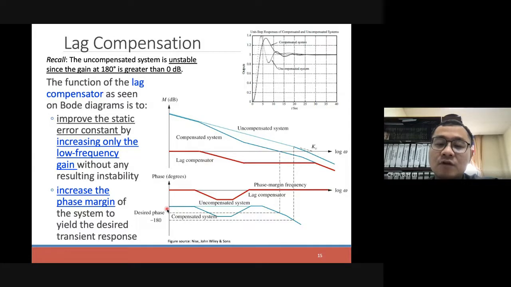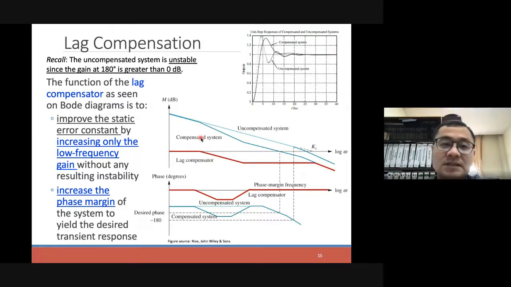Same thing for the phase plot. The lighter blue, which is a straight line all the way, now changes when we implement this one. Because of this, it will go down and then go up again.